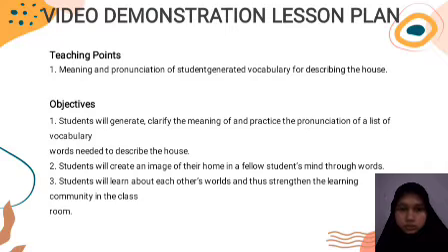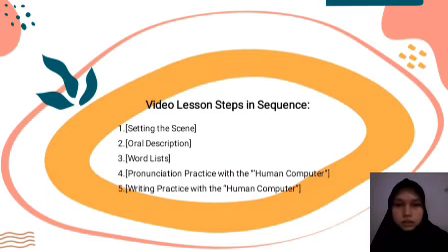So the next one is the video lesson steps in sequence. The first step is setting the scene. Here, the teacher tells the students what they are going to be doing during the next 2 days of class while the students listen.